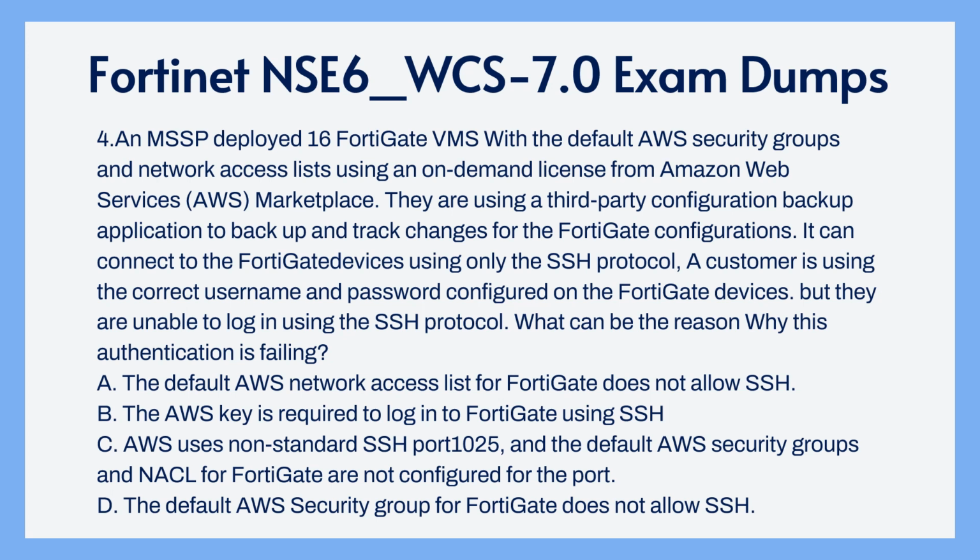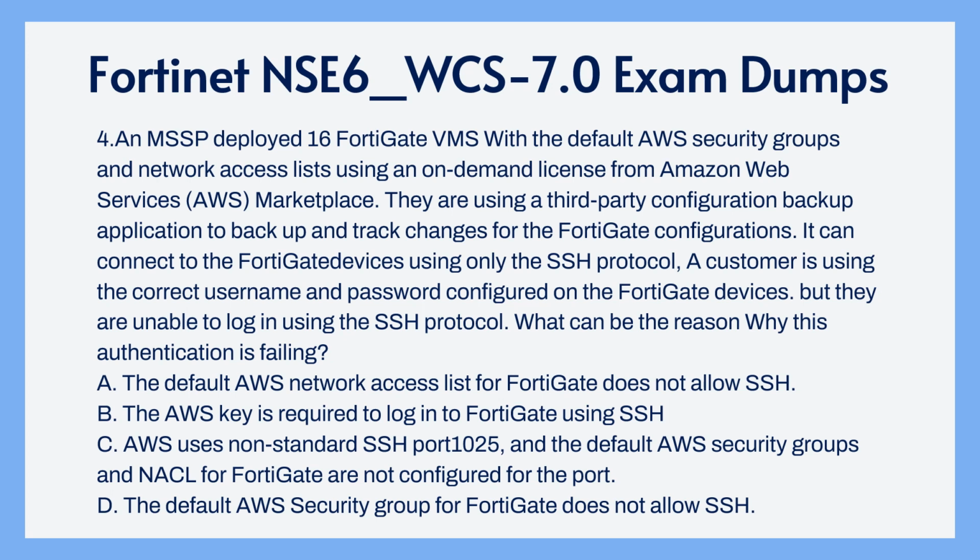It can connect to the FortiGate devices using only the SSH protocol. A customer is using the correct username and password configured on the FortiGate devices, but they are unable to log in using the SSH protocol. What can be the reason why this authentication is failing?